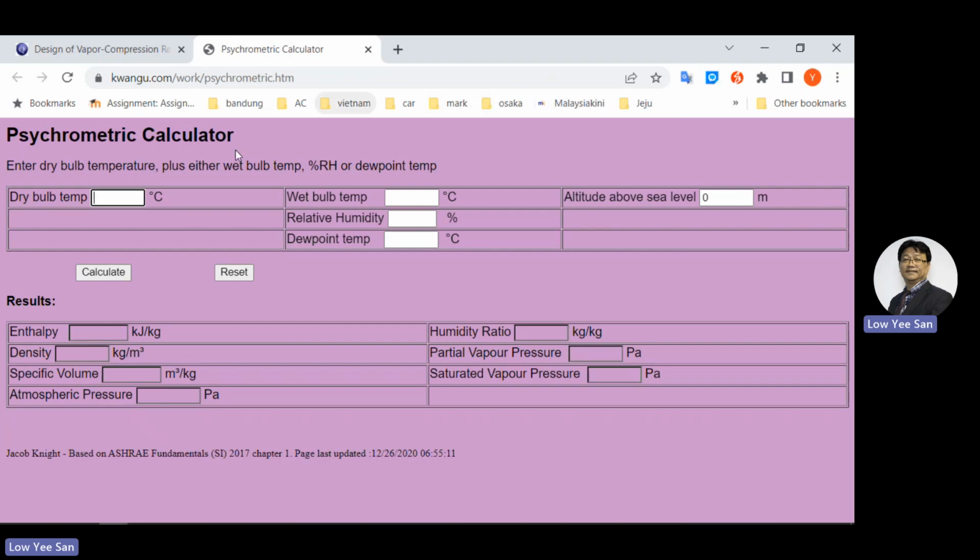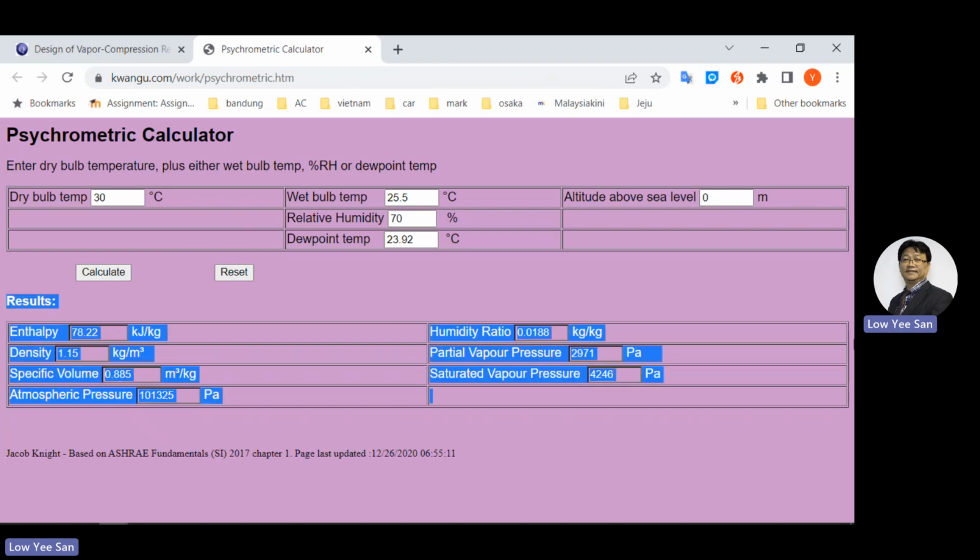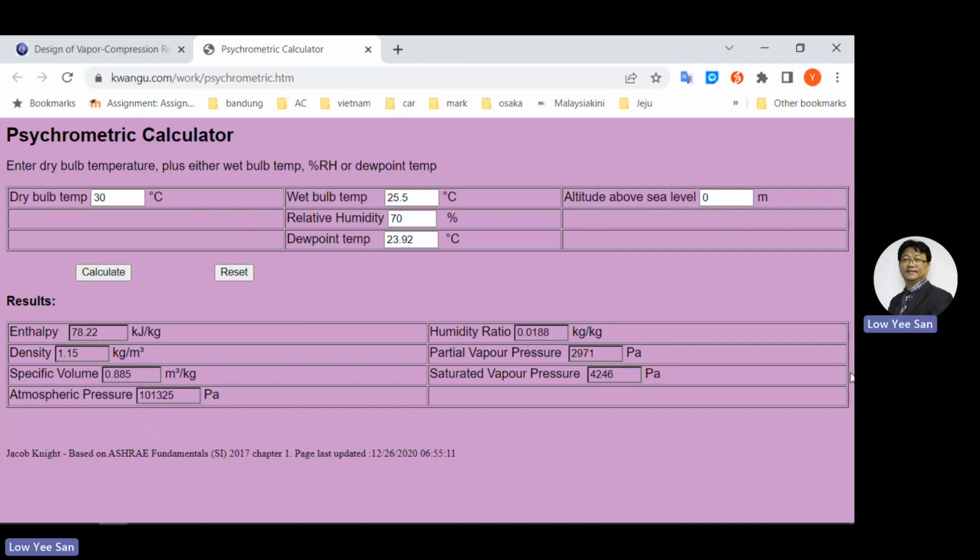Here you can enter the temperature and then the relative humidity. Let's say our temperature is 30, relative humidity 70, and you calculate. What we want to get here is actually the enthalpy. This is the value that we want.